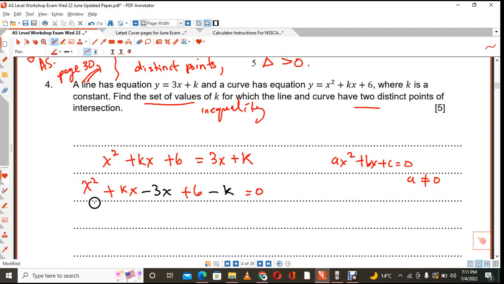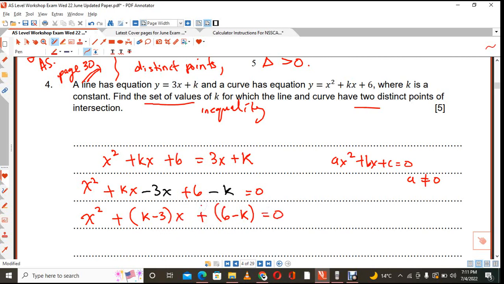So we have to write it in that form. Eventually I'm going to write it as x squared plus, in brackets, k minus 3 times x, can you see what I did there? Plus 6 minus k, which I also put in brackets.